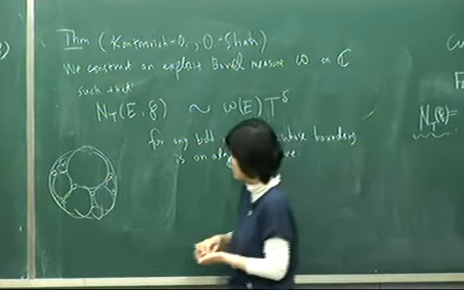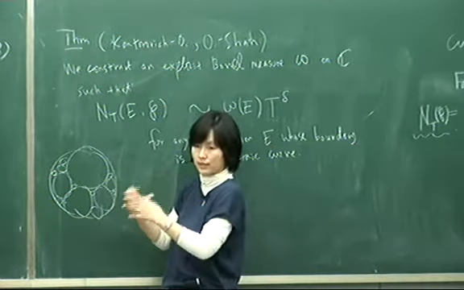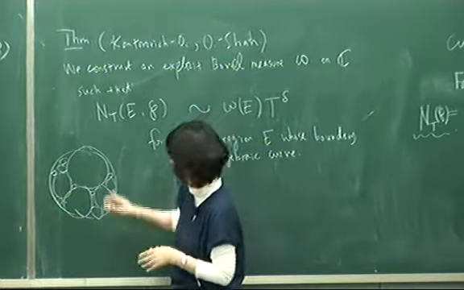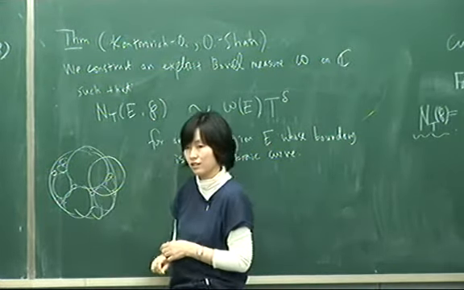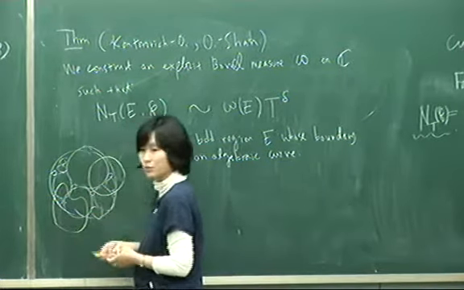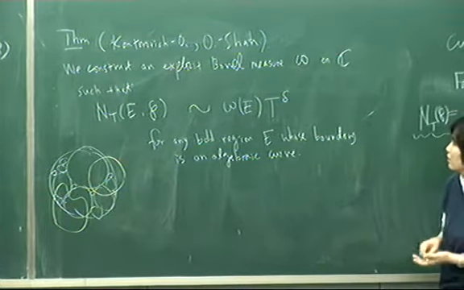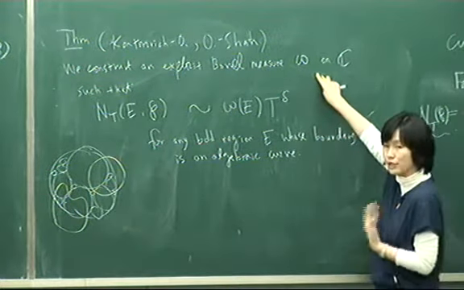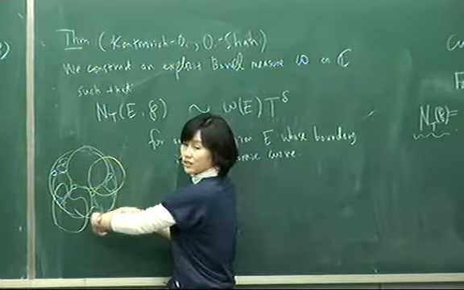So what does it mean? I can take any bounded region E as long as its boundary is an algebraic curve. For instance, you can take any disk. Or, if you believe this is an algebraic curve, you can take this kind of set. But one obvious thing that such a measure should satisfy is that it should not have support beyond this packing, yeah?